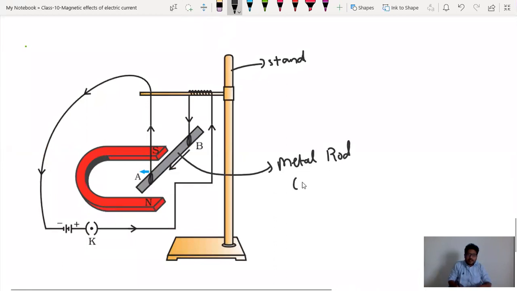It acts as conductor. This is copper wire, or you can say conducting wire. It's your wish. Copper wire. And this is magnet.